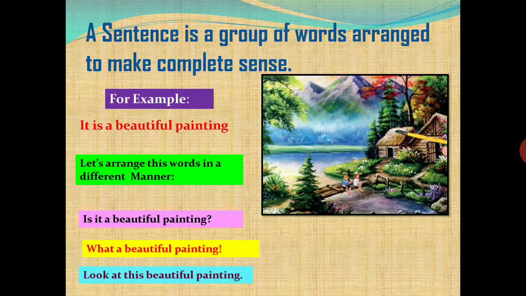Here I am just asking you to look at this beautiful painting. That means I am able to rearrange my words, and after rearranging the words, my words should give a complete sense and idea, and that is called a sentence.